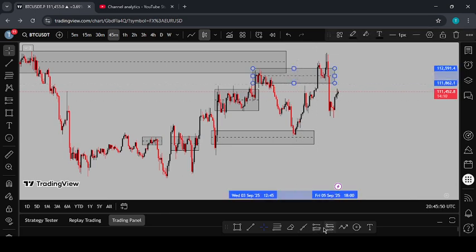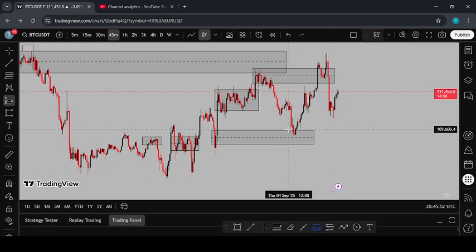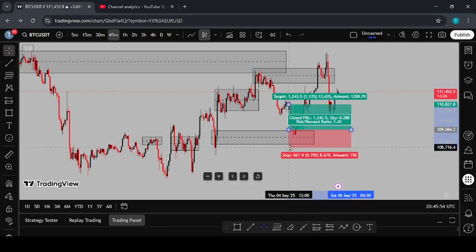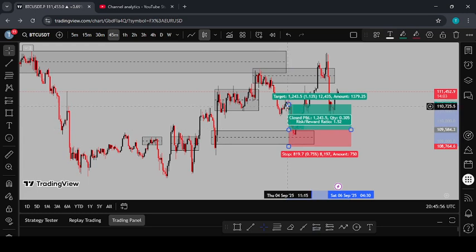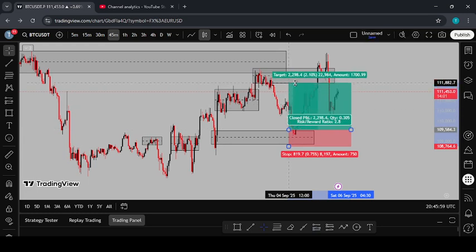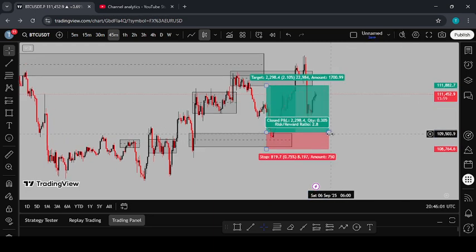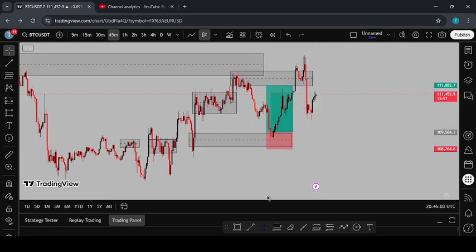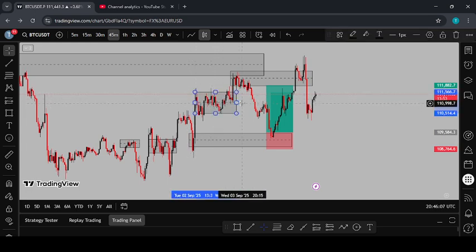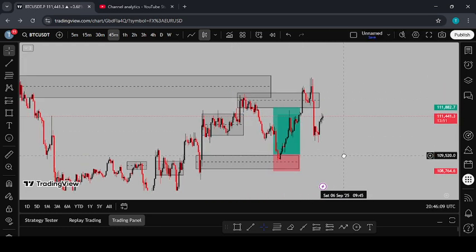So even if I'm taking a buy here, it would have been buys at this region, then I'll target this here. Once you get there, I'll close my trade and take a sell, right? Because of the structure and the strategy I'm seeing, the accumulation, manipulation, distribution rule, I'll take it, right?